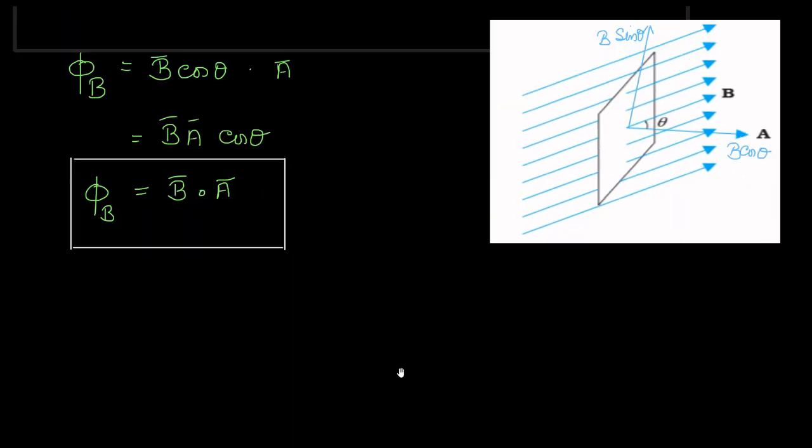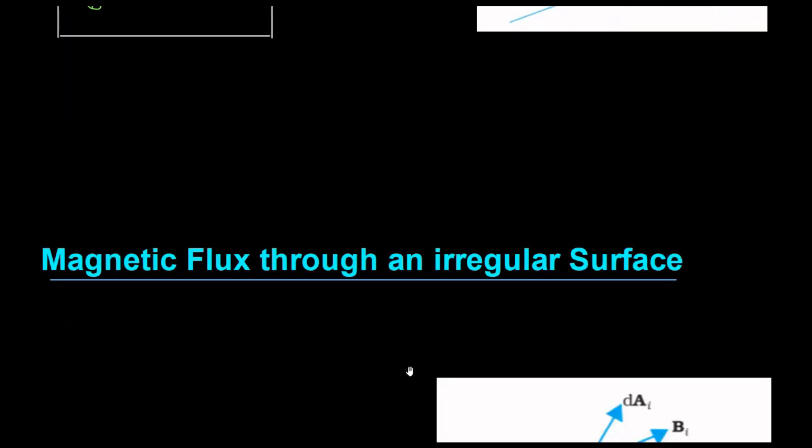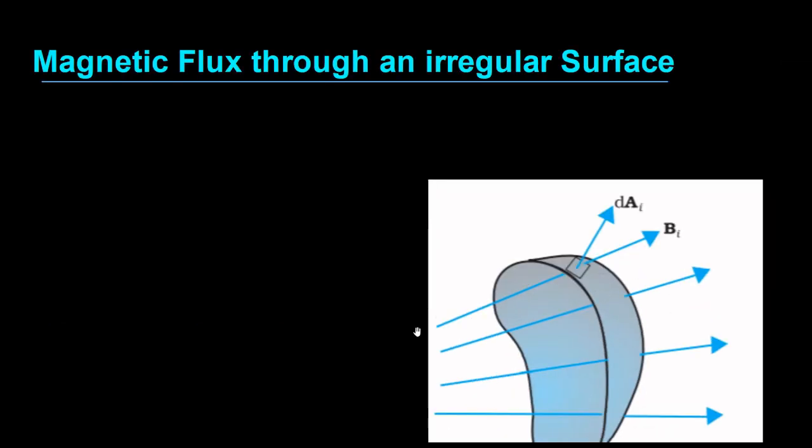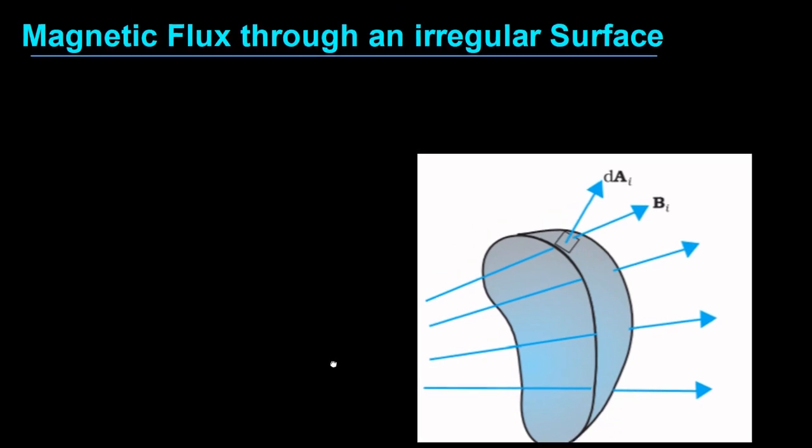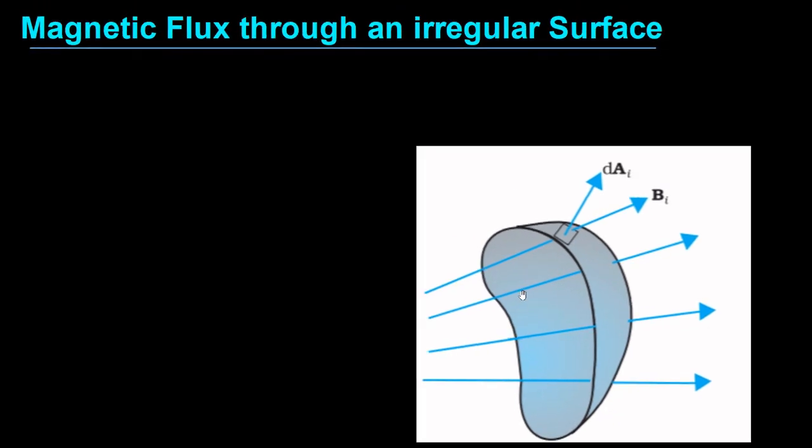Now the third case, that is when the magnetic flux passes through an irregular surface. Let us consider an irregular surface through which a magnetic field passes.